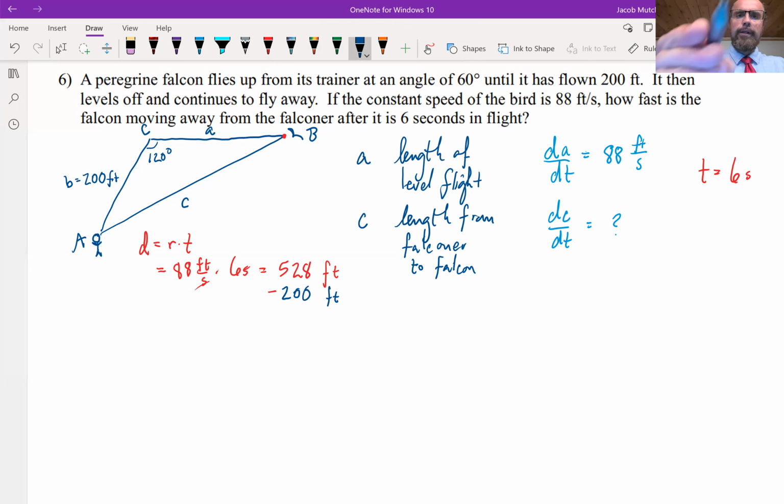So that 528 is the length of the whole travel of the bird after 6 seconds. And I'm subtracting this constant value of 200 from it so that I can find this distance CB, which I'm representing as A. So that's going to be 328 feet. So I'm going to go ahead and label that here on the diagram, and I'll put it here that my A is 328 feet.